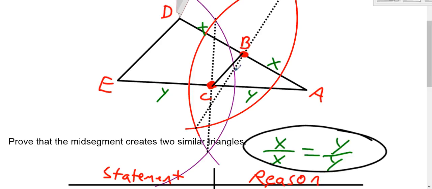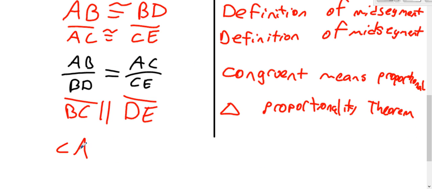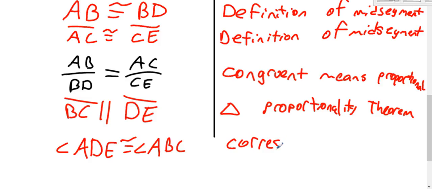So since they are parallel, that means angle ADE and ABC are congruent. Parallel leads to congruent angles, that's corresponding angles.